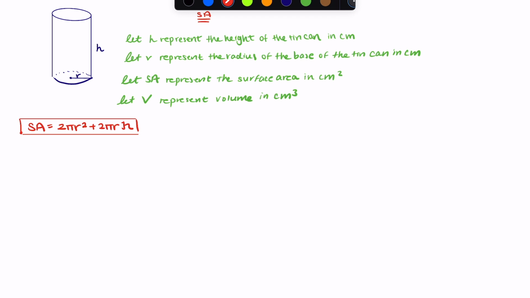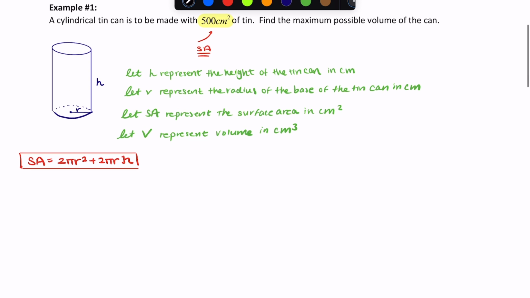So we know that the surface area is equal to 2 pi r squared plus 2 pi r h. And here we know that the surface area is equal to 500 centimeters squared, so we can sub that in. 500 is equal to 2 pi r squared plus 2 pi r h.